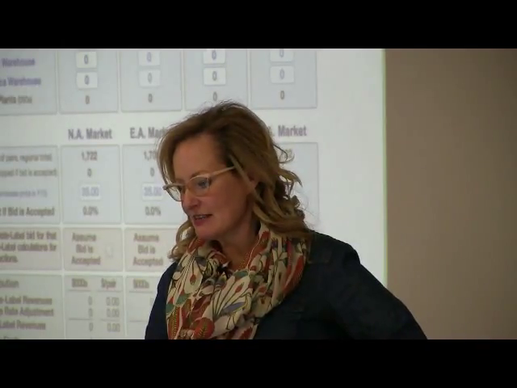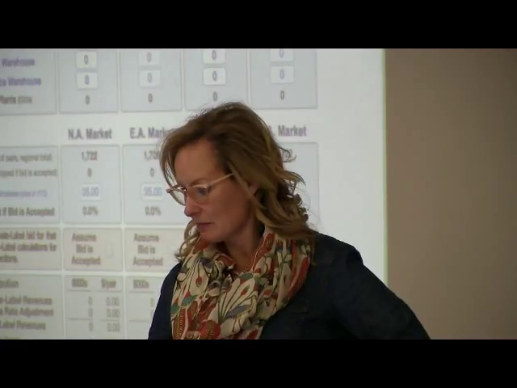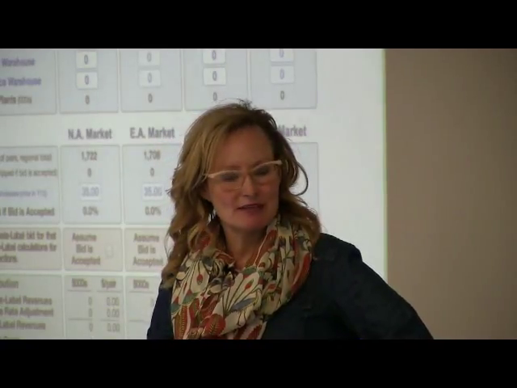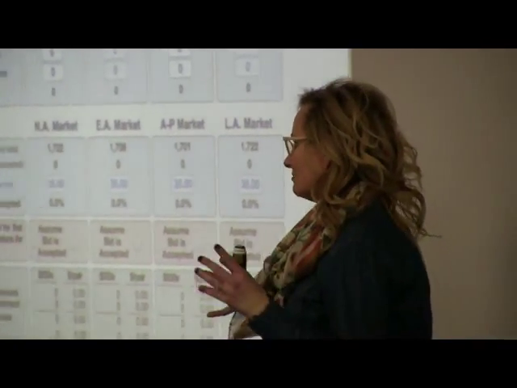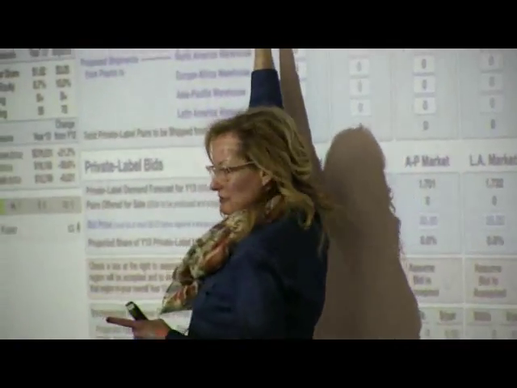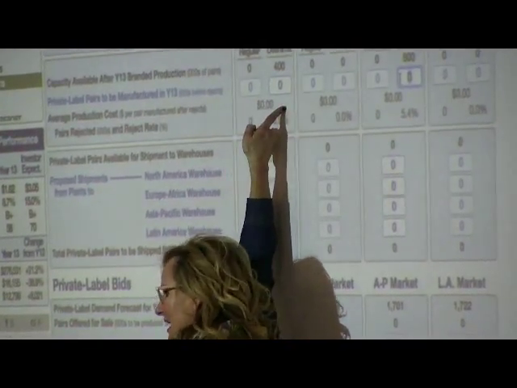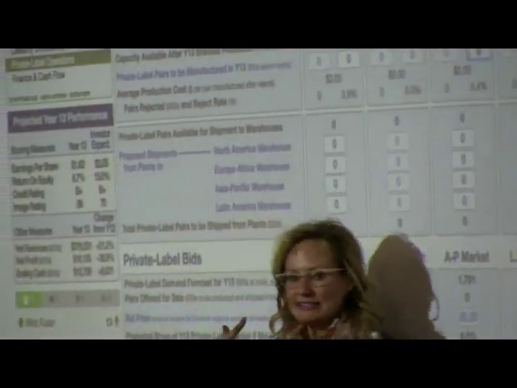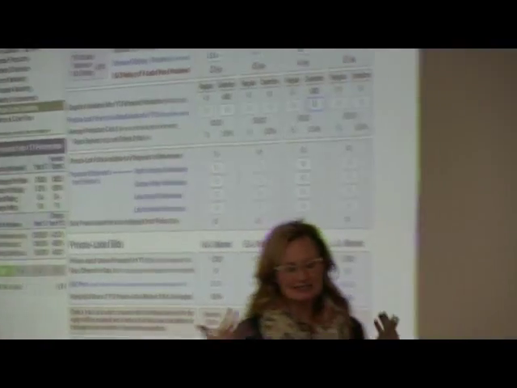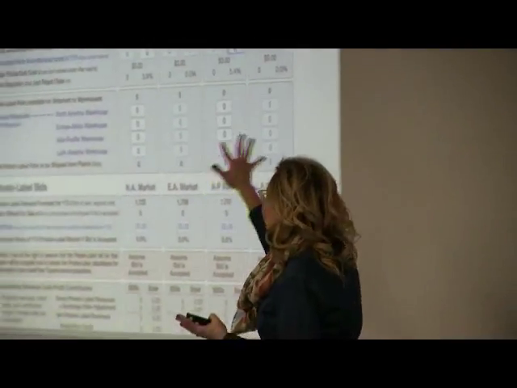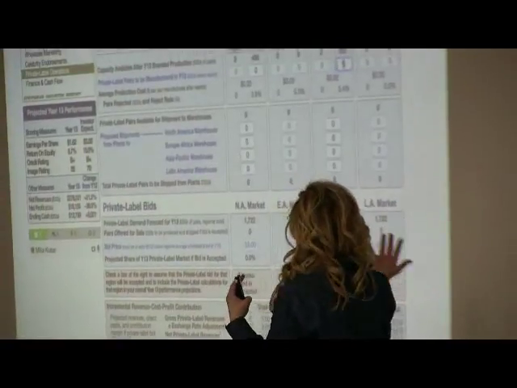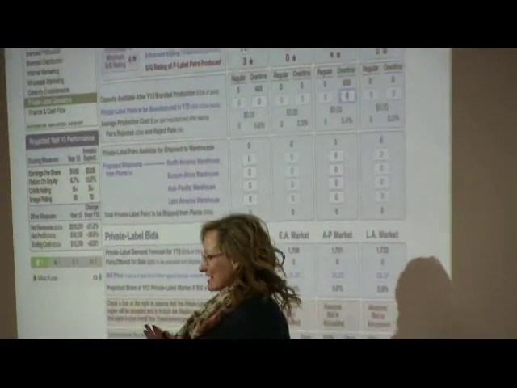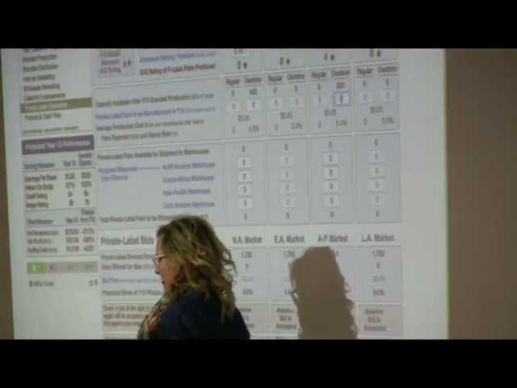When I click on the private label operations screen, these boxes show that leftover manufacturing capacity. Remember how in branded production there's a 2,000 right there, and I put 2,000, but then I had the 400 left over? So all this is the same production. It's the same manufacturing facilities that are shown here. I know I don't have regular because I've maxed that out, but I do have this overtime.